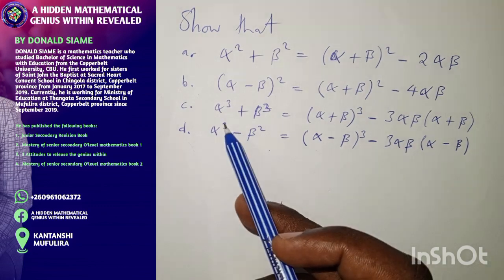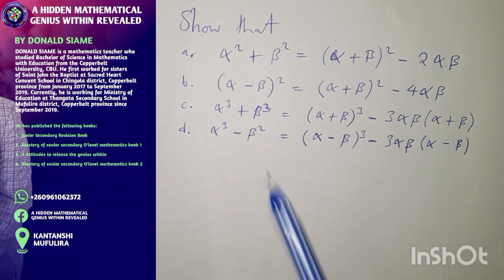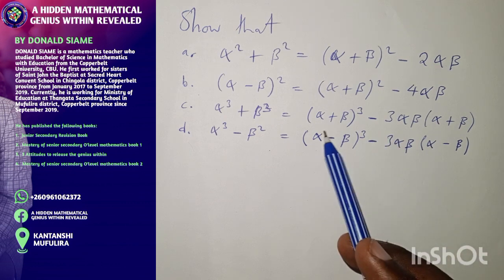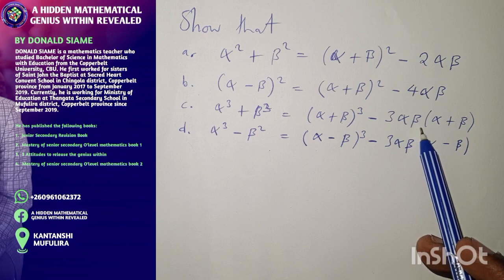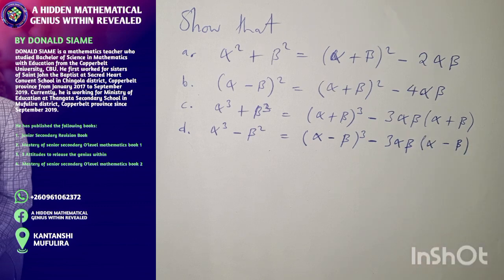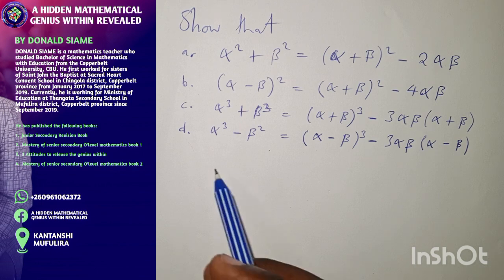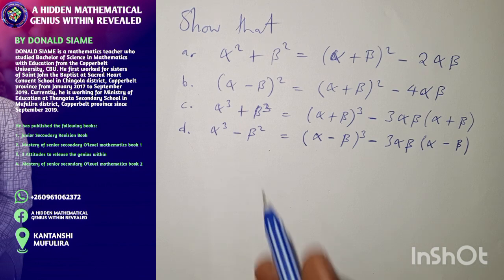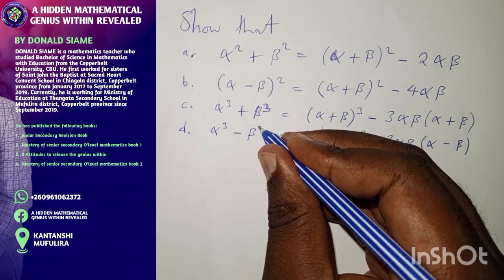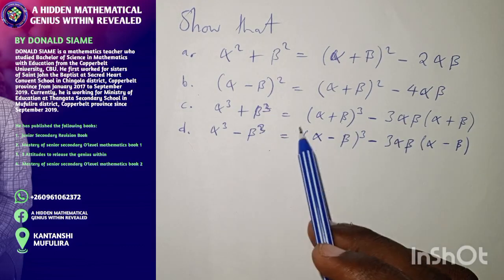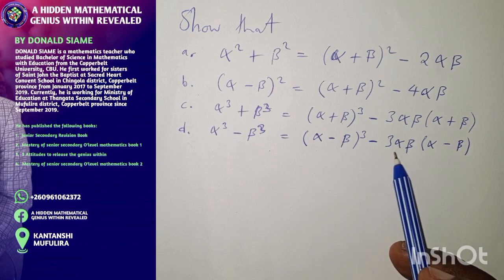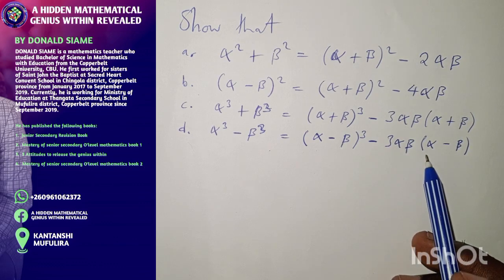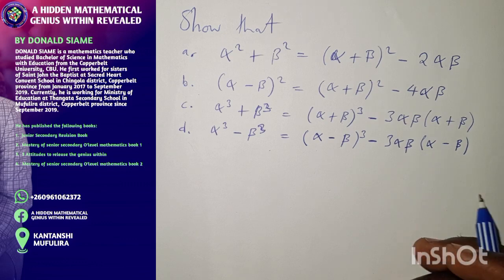Then we have alpha cubed plus beta cubed is equal to the cube of alpha plus beta minus 3 alpha beta times alpha plus beta. And alpha cubed minus beta cubed is equal to the cube of alpha minus beta minus 3 alpha beta times alpha minus beta.